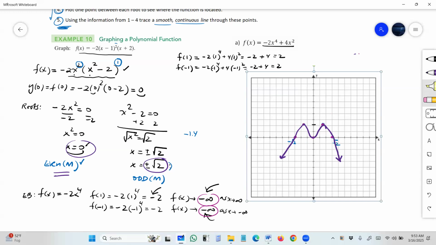Now, obviously, if we're doing this on paper, this is how we would do it. And then we would put the values here.